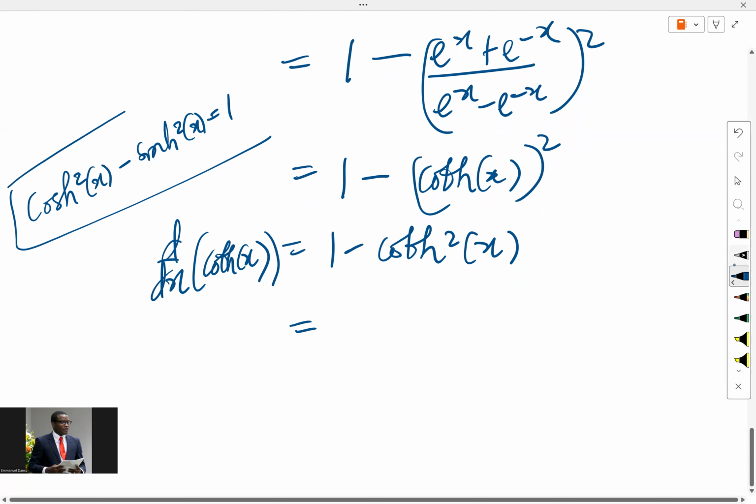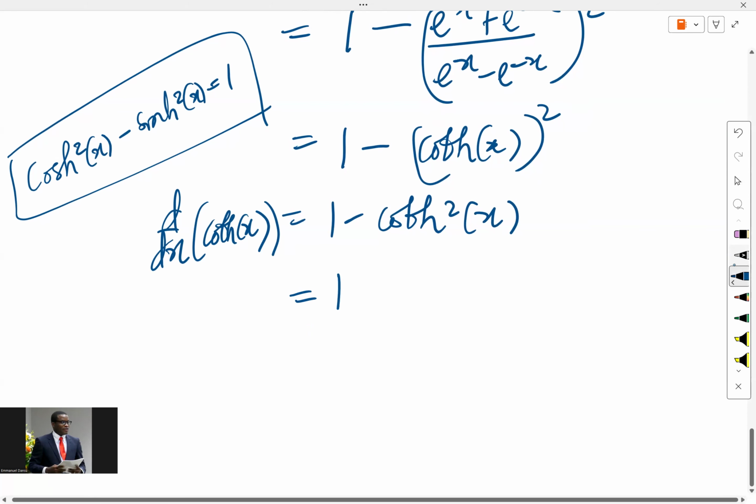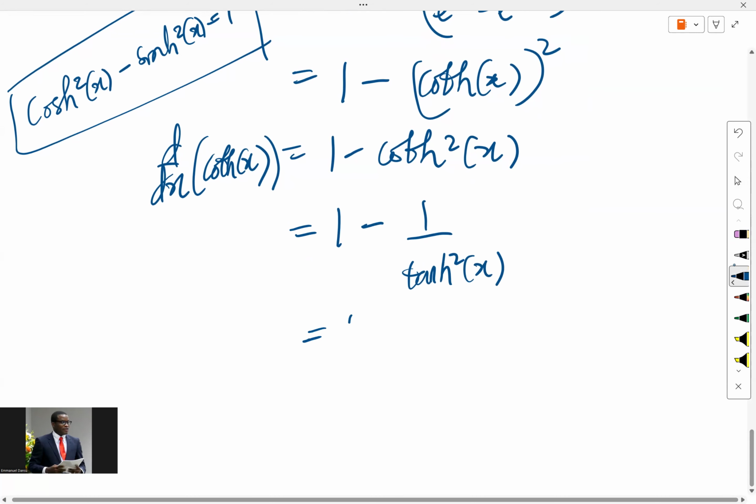That's like the hyperbolic identity or whatever you want to call that. Okay, let's do it this way. So we have 1 minus, sech is 1 over cosh squared x, and we know this is 1 minus 1 over cosh squared x.